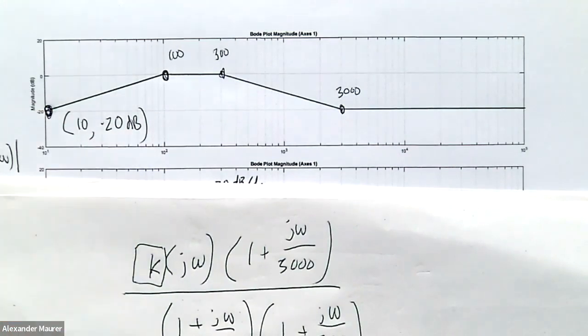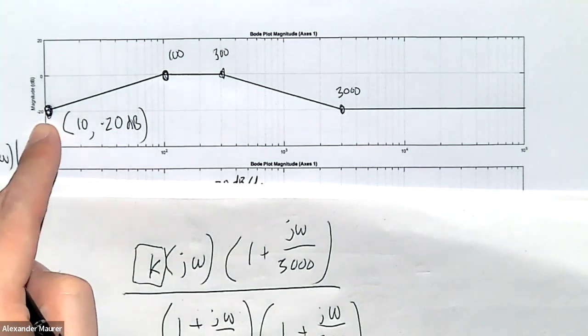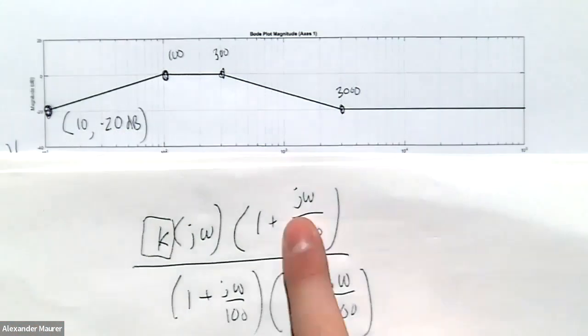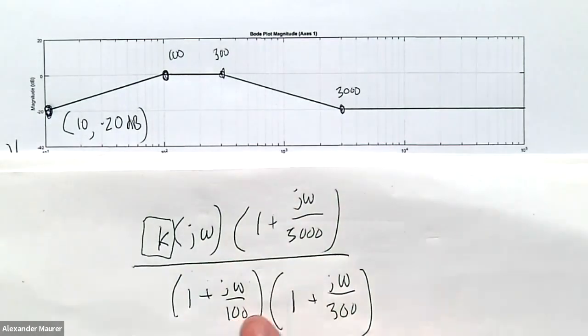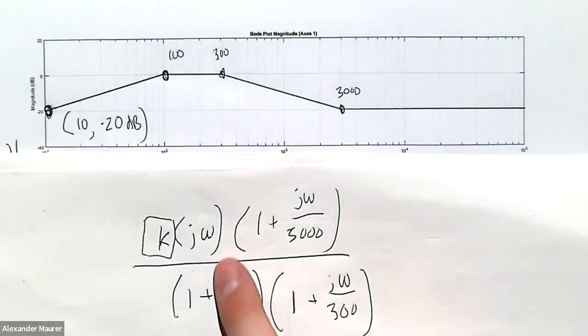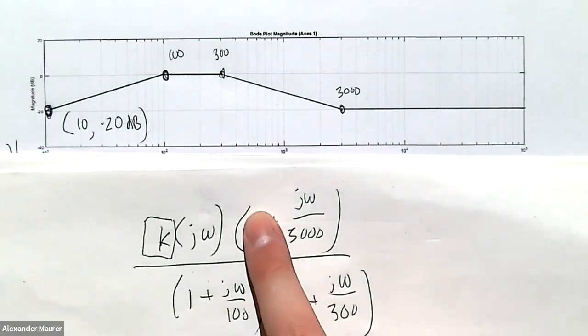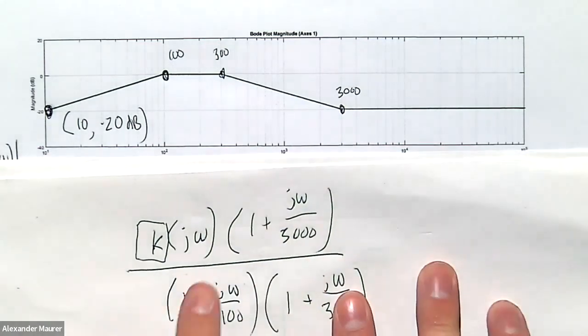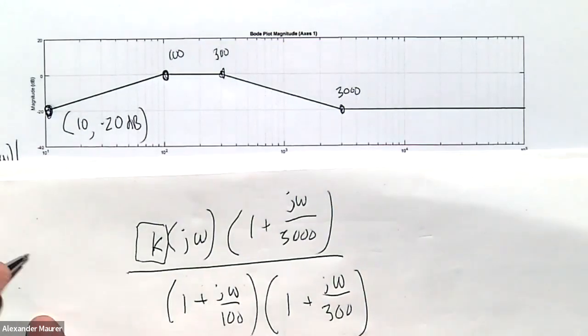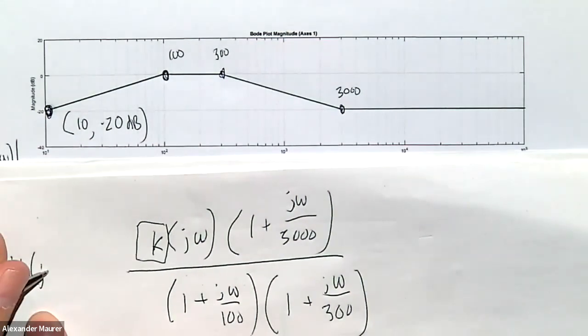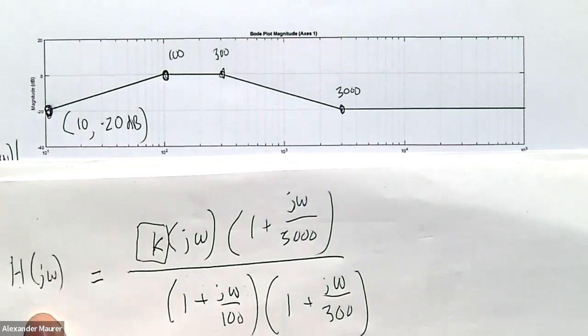So when I'm to the left of all of the corners, these three terms are approximately 1. So these have no effect whatsoever. So if I plug in omega equals 10, I know that H of j omega fits this form.